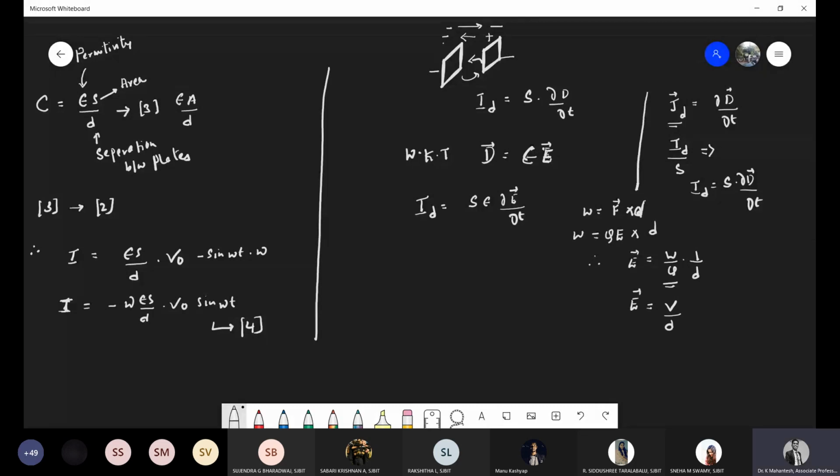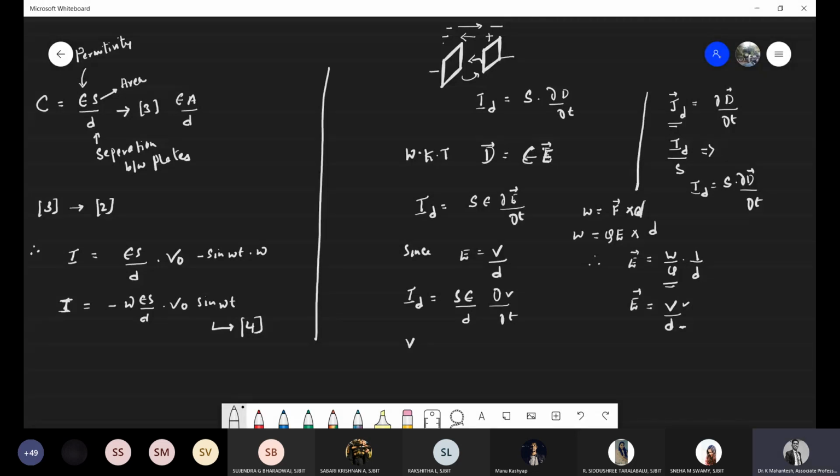I'm just trying to represent this electric field in terms of potential and the distance between the capacitor plates. Since E is equal to V by d, ID will be equal to S epsilon by d dou V by dou t. But what is V equal to? V is equal to V naught cos omega t.